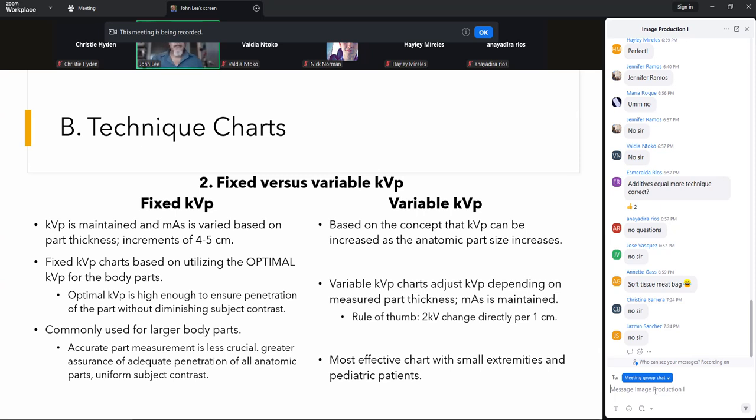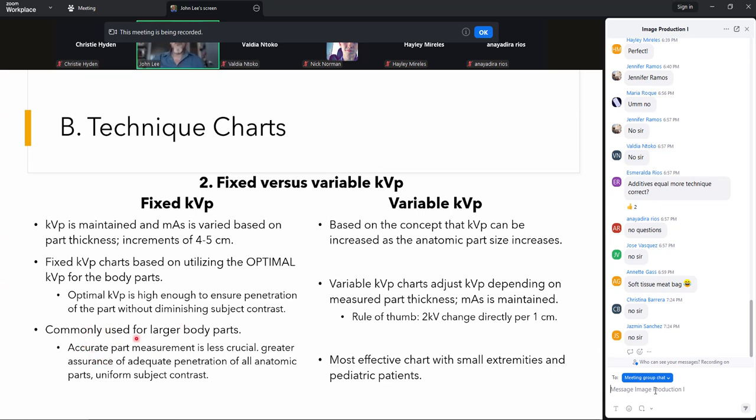You could, but it's not best practice, because with these charts, we're going to use an optimal kV for the body part being imaged so that we make sure that it is high enough to go through the larger patient or the larger size. Still sthenic. I'm not talking about high BMI. We're just talking about large people.